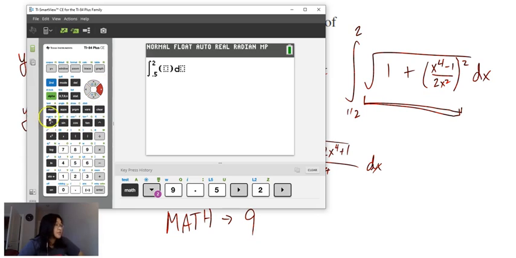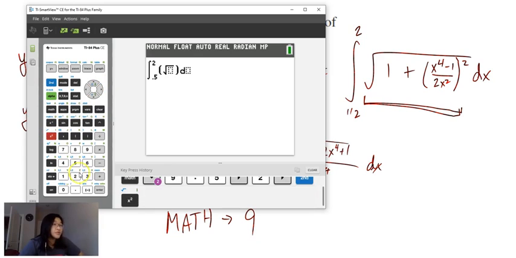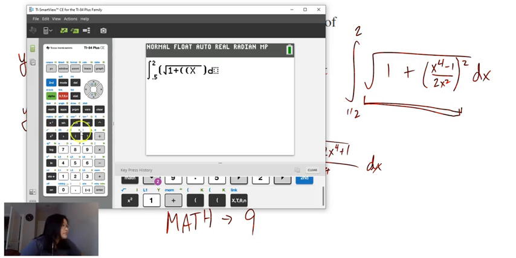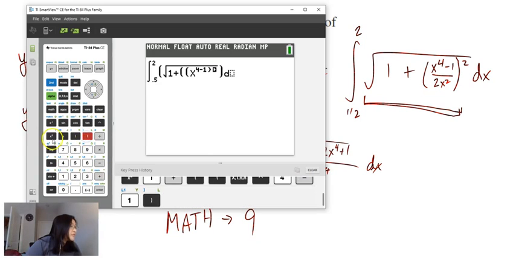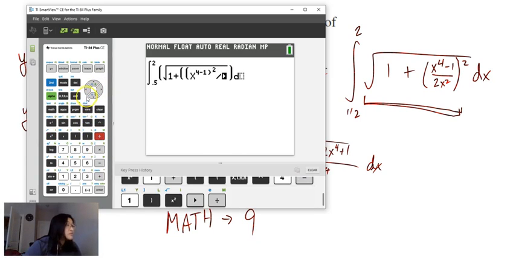We're doing the square root of 1 plus parentheses x to the 4 minus 1 close parentheses squared over, I did this poorly.